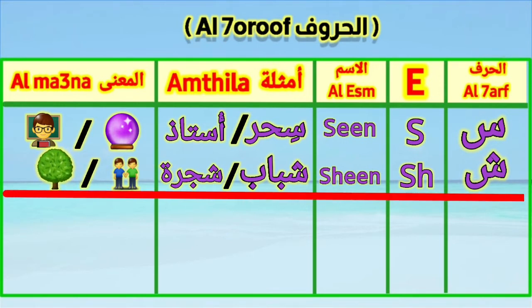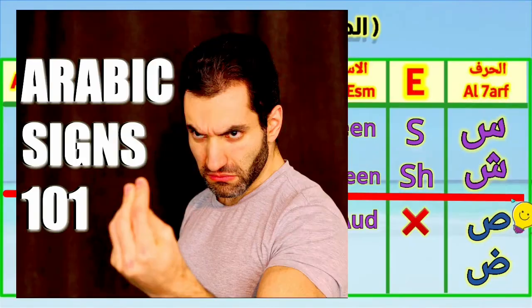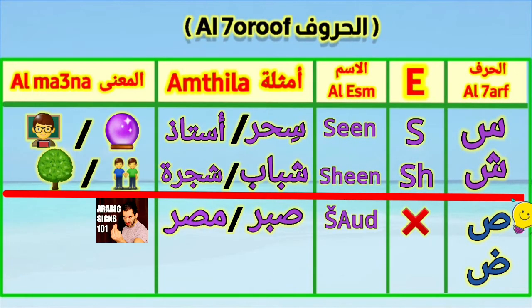After sheen we started the deep sounds by صاد and dot, right? صاد, what's the equivalent? As I'm always telling you, no equivalent. It's a new sound. Treat it as such. This is how we develop a good pronunciation. اسم الحرف, the name of the letter is صاد. أمثلة for صاد we said صبر, which means patience, and مصر or مصر.